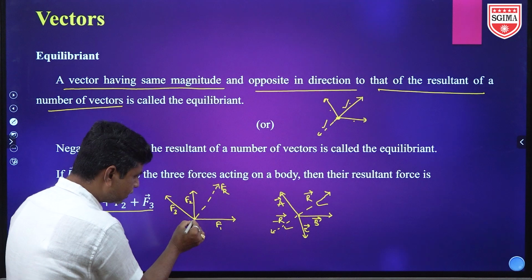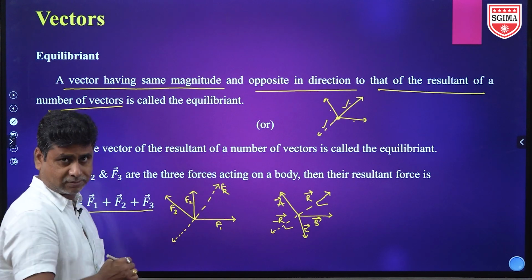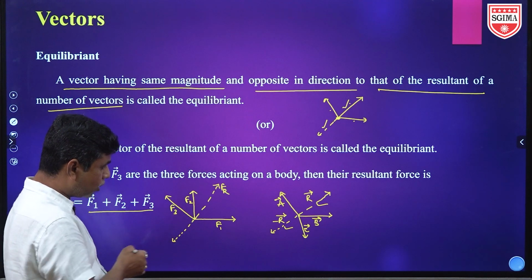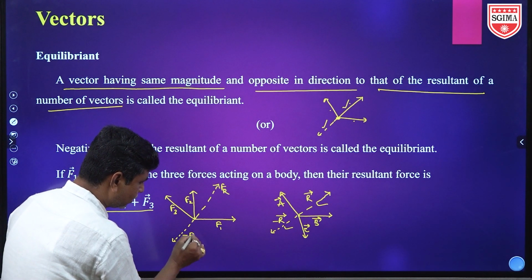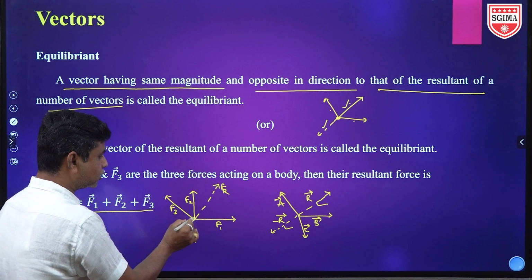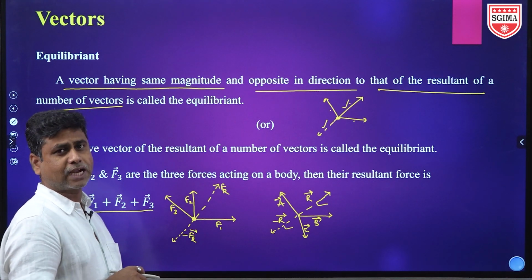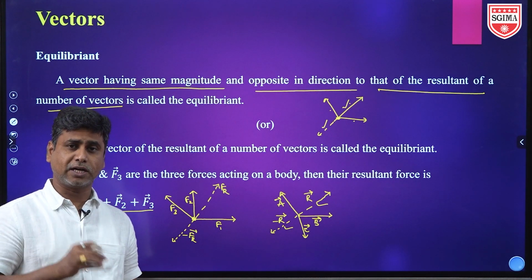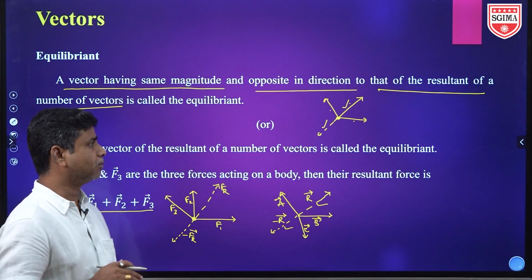Now take its negative vector in exactly the opposite direction. It is minus Fr bar. Then this particle or body is at equilibrium. It means if the net force acting on a particle or a body is 0, then the body or particle is at equilibrium.